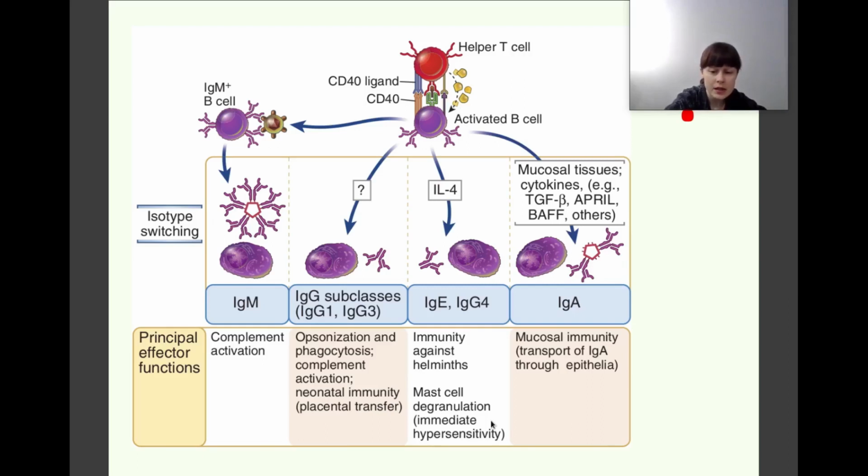Another Fc-dependent effector mechanism of humoral immunity is the activation of the classical pathway of the complement system. Like we also said before, there are different subclasses of immunoglobulin G molecules. The system generates inflammatory mediators and promotes microbial phagocytosis and lysis.